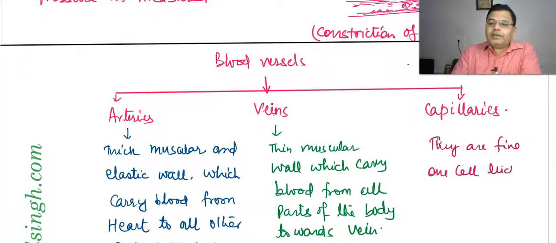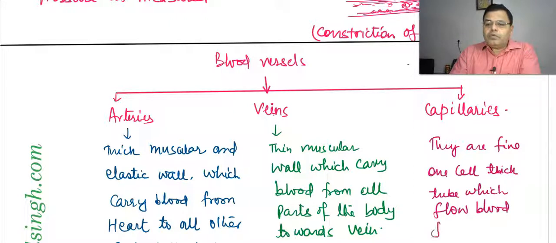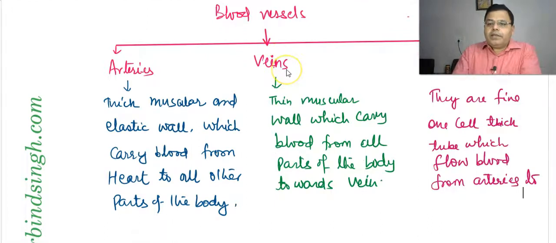Capillaries are very fine tubes, one cell thick, which flow blood from arteries to the cells.